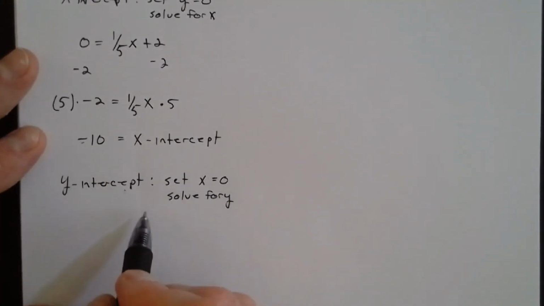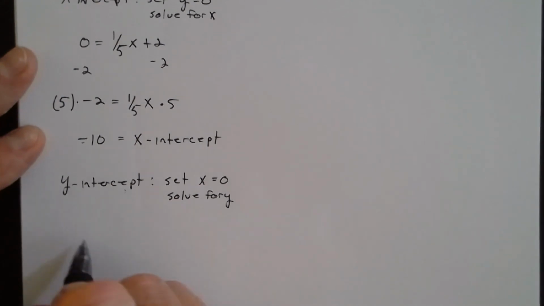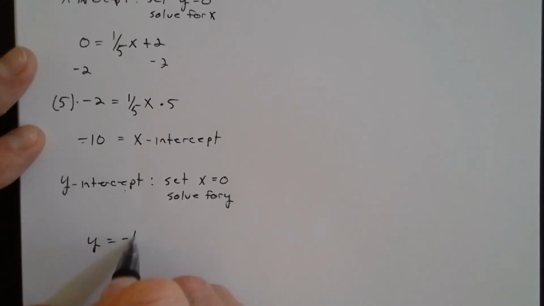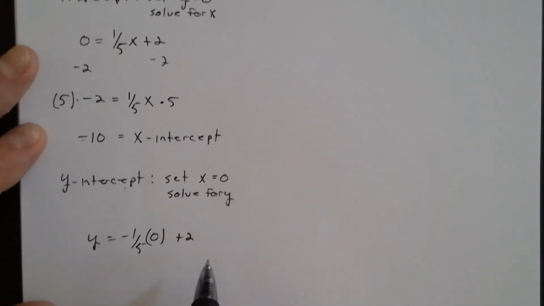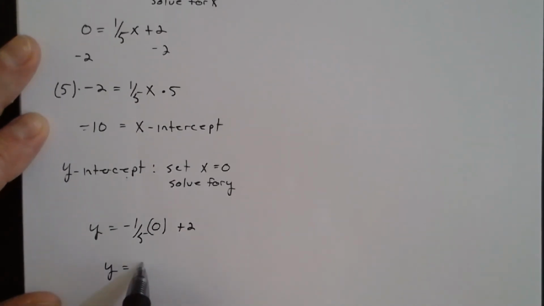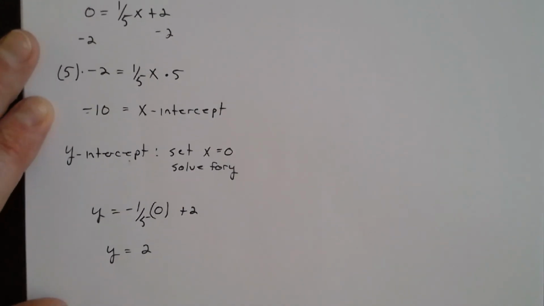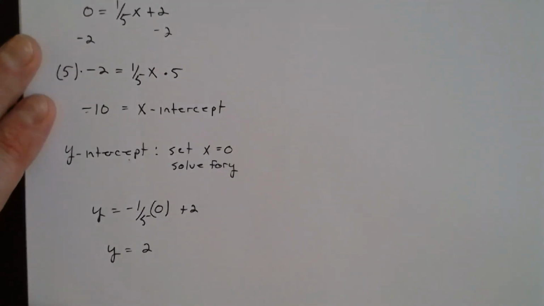So if we set x to 0, we're going to have y is equal to negative 1/5 times 0 plus 2. Y is equal to 2. That's our y-intercept.